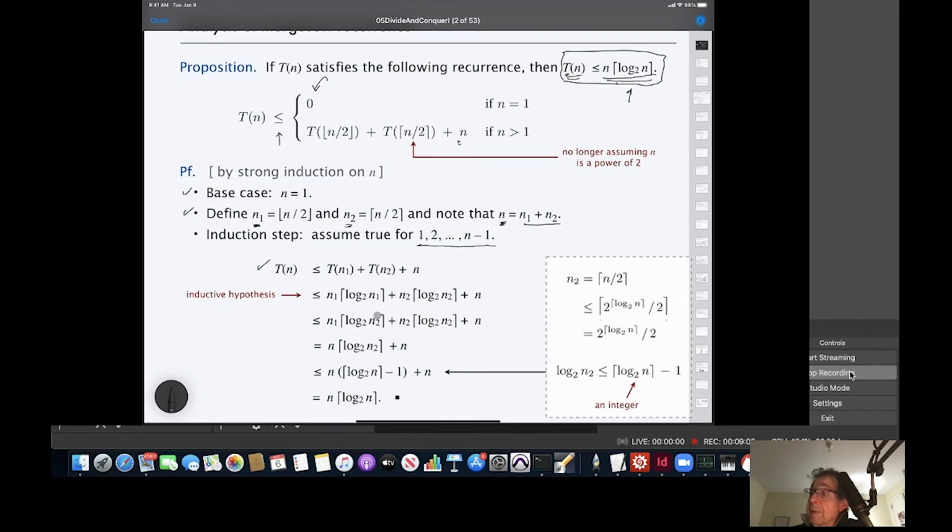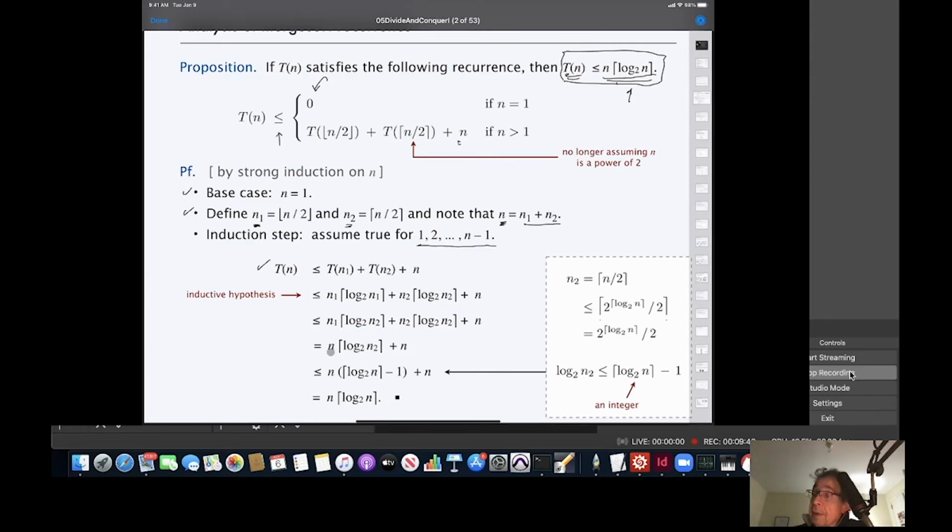So we are basically substituting this term by an even bigger term, so the inequality is not affected, but the expression is really simplified because now we are able to factor this ceiling term, and we would get a log 2 of n sub 2 multiplying n sub 1 plus n sub 2, which we know is equal to n. That would give us this part, and this n would give us this other part.